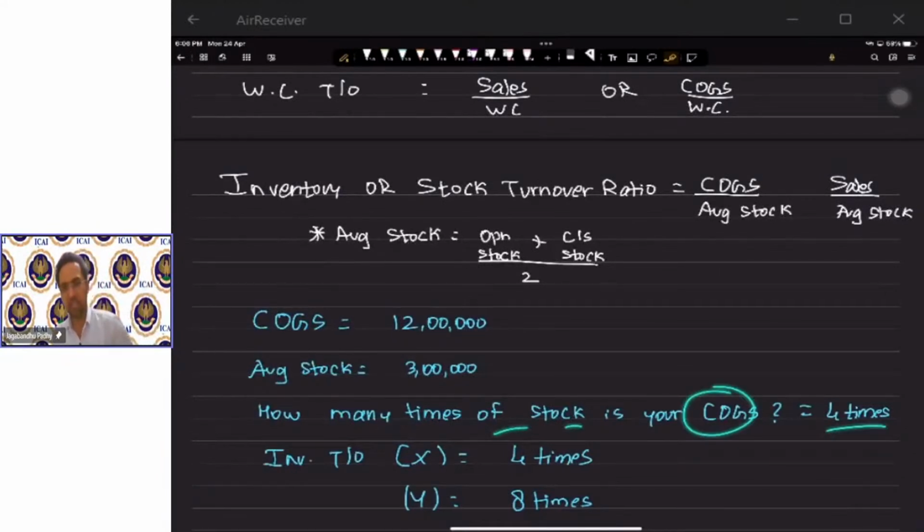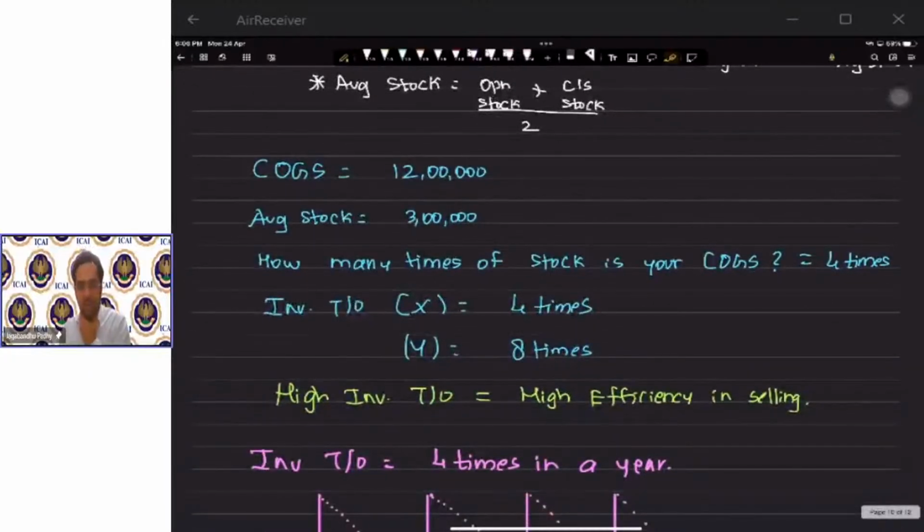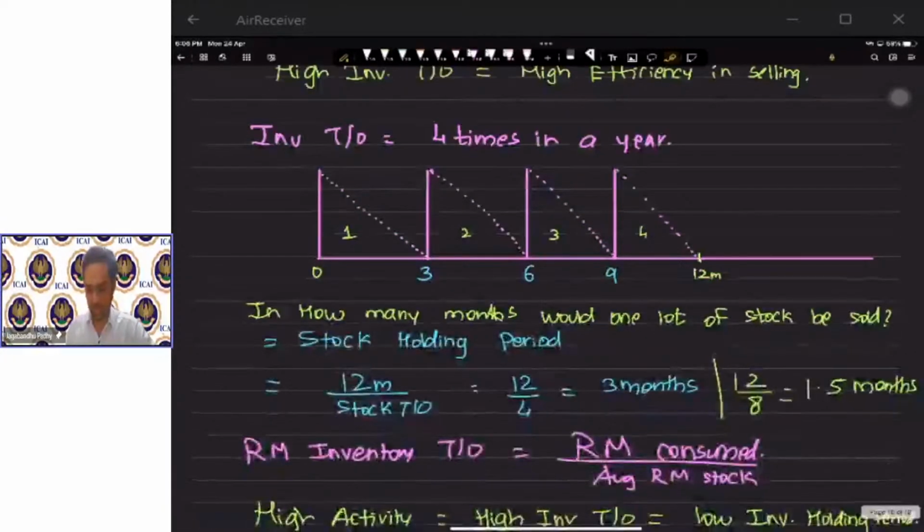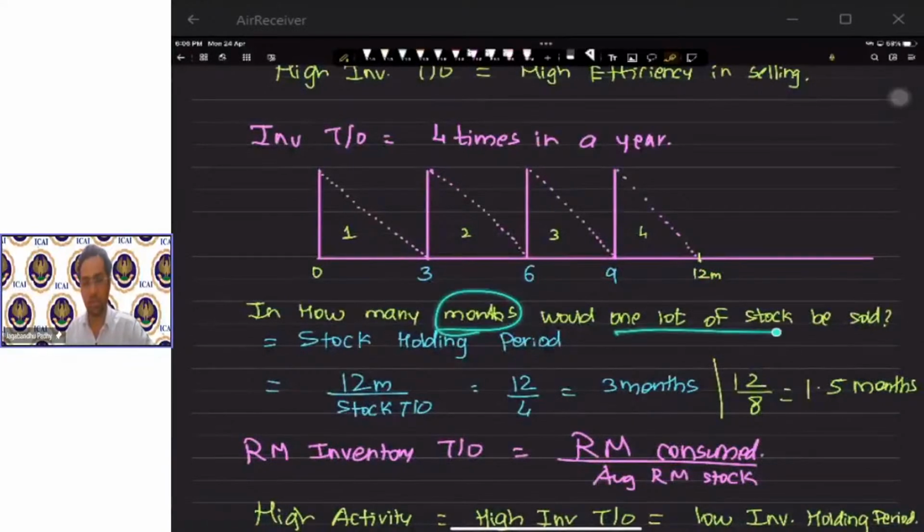That's basically 4 times from the example that we get. And similarly, we had inventory turnover as an indication of higher efficiency in selling. Then inventory holding period or stock holding period was 12 months upon stock turnover, which was 3 months, which is telling us in how many months one lot of stock would be sold.